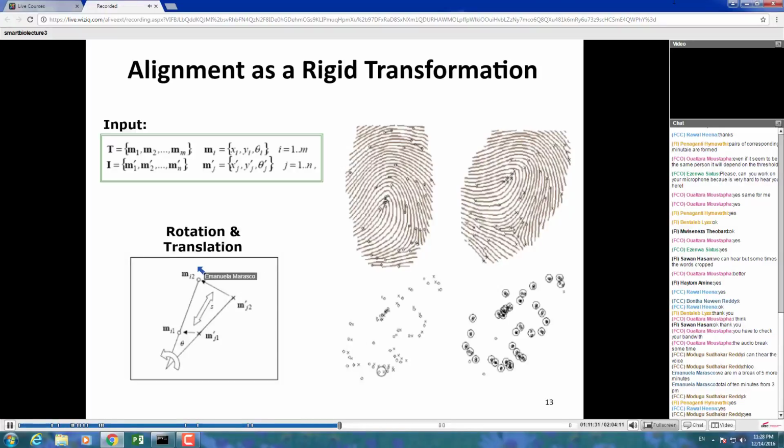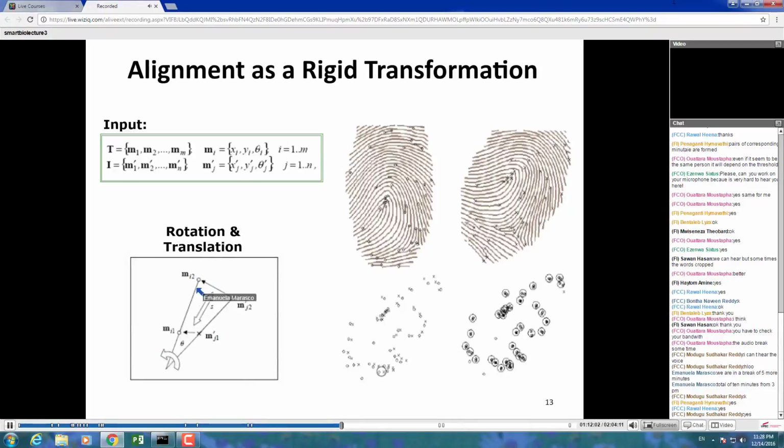From this position, we translate to the other one. So there is a difference in x and y coordinates, a difference in direction and a difference in orientation. So we have a rigid transformation, which means translation and rotation.